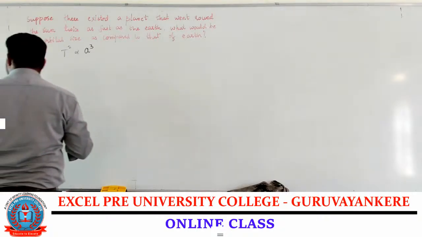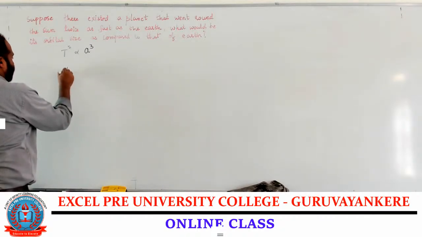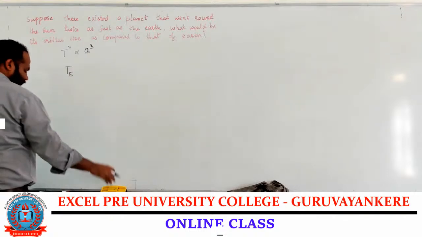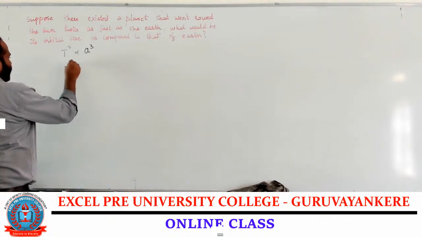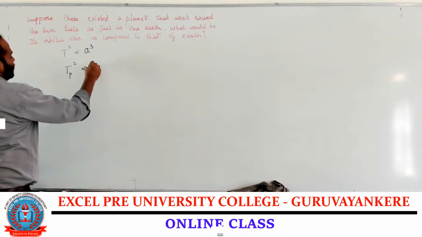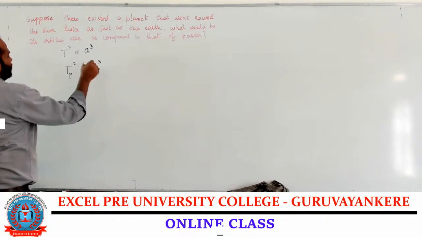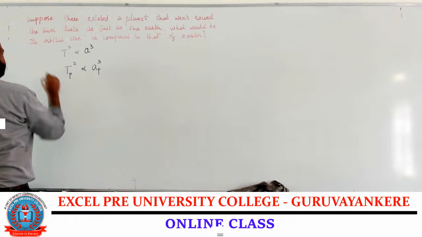So what you do? See here, time period of the earth, there existed a planet now. So time period of the planet squared should be proportional to the orbital radius of the planet cubed.